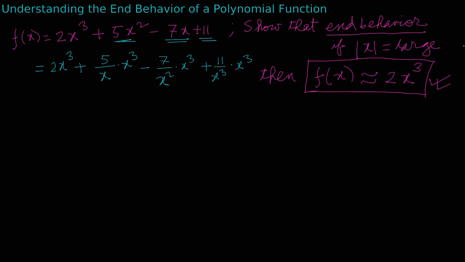Now I am going to take x cubed outside of all these terms. If I take x cubed outside, for the first term I get 2, for the second term I get 5 over x, for the third term I am left with negative 7 over x squared, and for the fourth term I get positive 11 over x cubed.